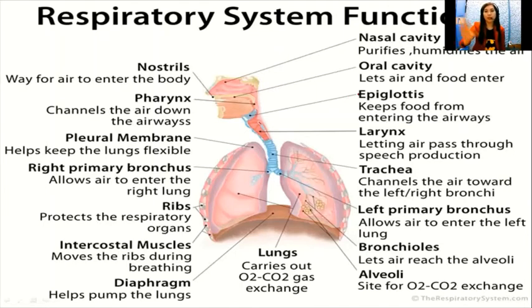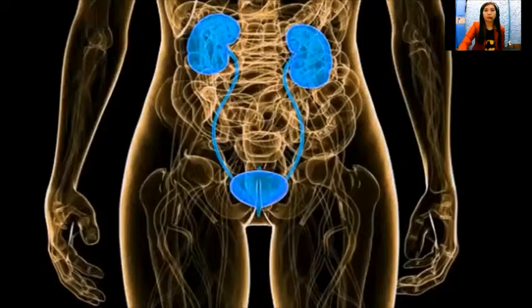So inside of your lungs are the bronchioles and the alveoli. So that happens to be a good part of the respiratory system, where the oxygen and the carbon dioxide are being exchanged, okay, for, of course, the survival of us people.